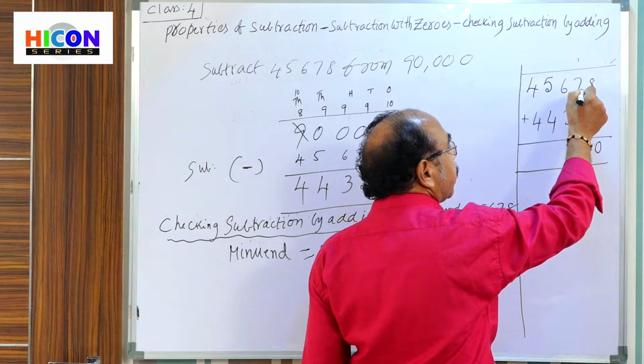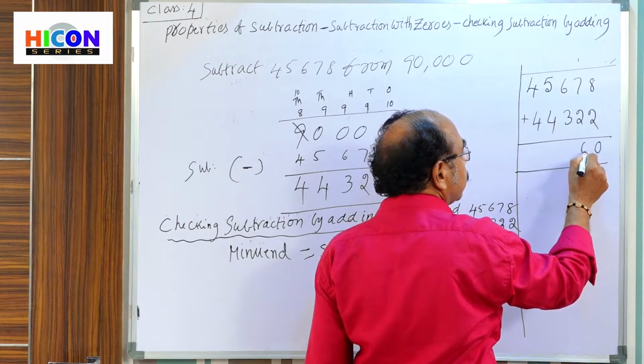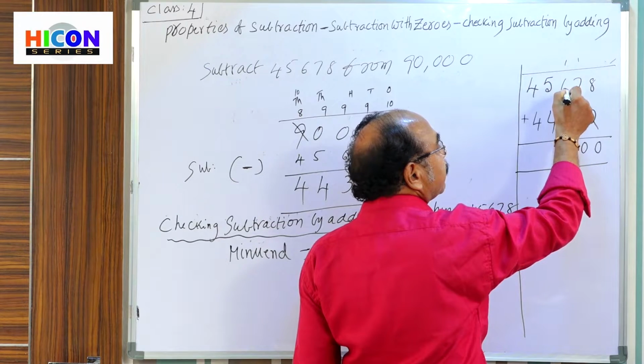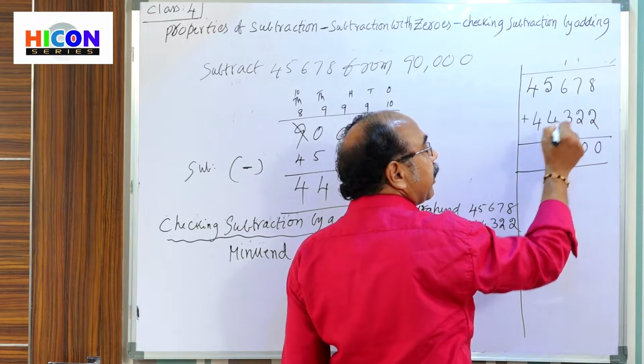Now 7 plus 1 is 8. 8 plus 2 is 10, write 0, carry 1. 6 plus 1 is 7. 7 plus 3 is 10.